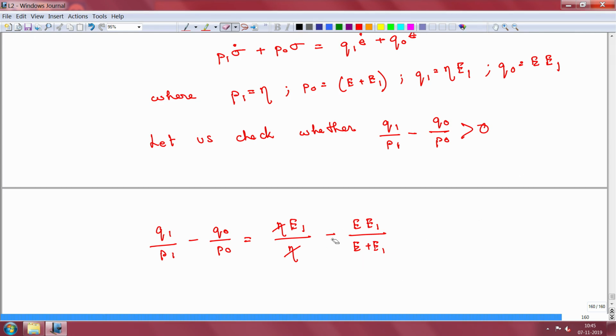So, this quantity is now E1 minus E1 multiplied by a fraction, and this fraction is less than 1, because if you look at the functional form of the numerator and denominator, it is less than 1. So, this quantity is greater than 0. Right. So, in a sense we are saved, we do not have to worry.